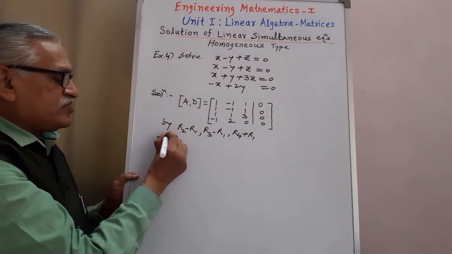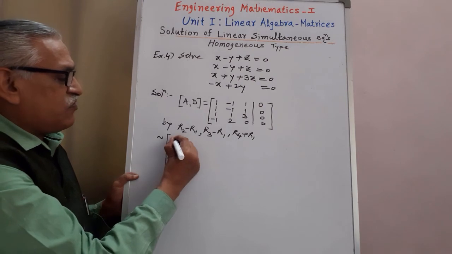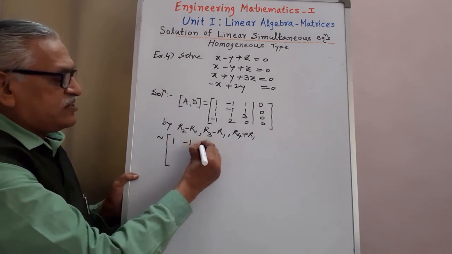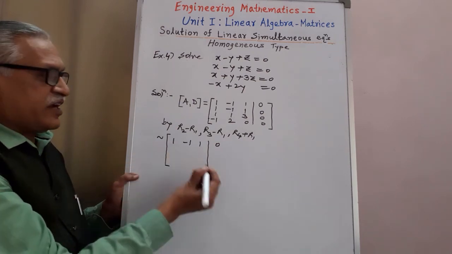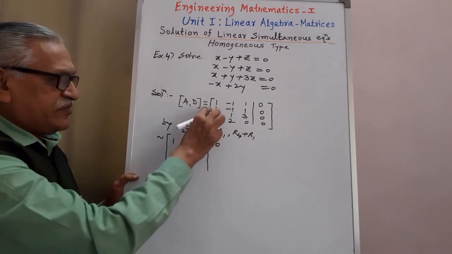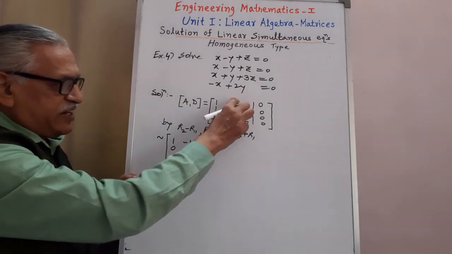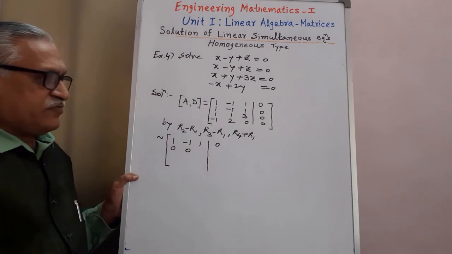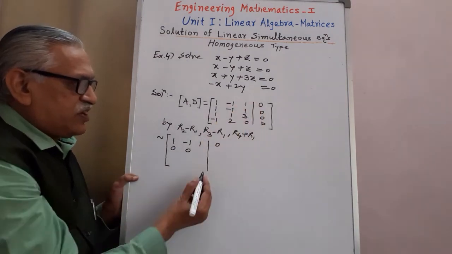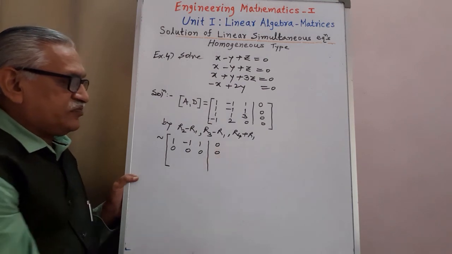Therefore, if we apply these 3 elementary row transformations, we have 1, minus 1, 1, 0. Second row changes: 1 minus 1 we get 0, minus 1 minus minus 1, minus 1 plus 1 we get 0, 1 minus 1 we get 0, 0.